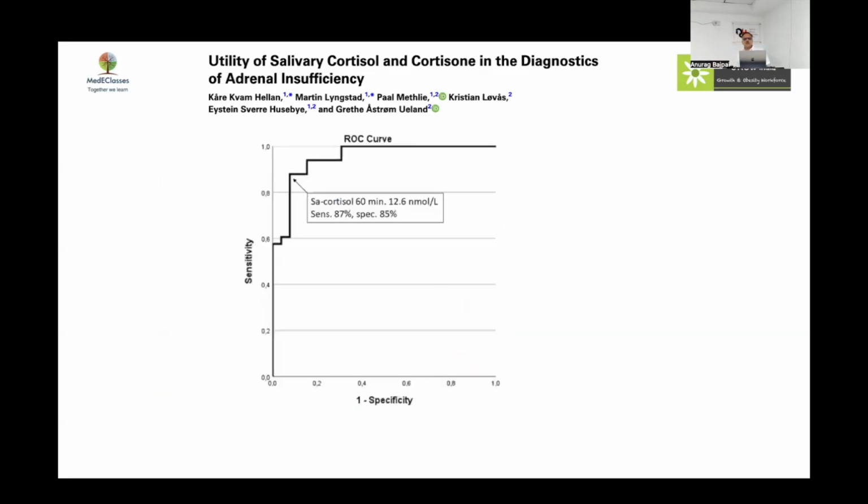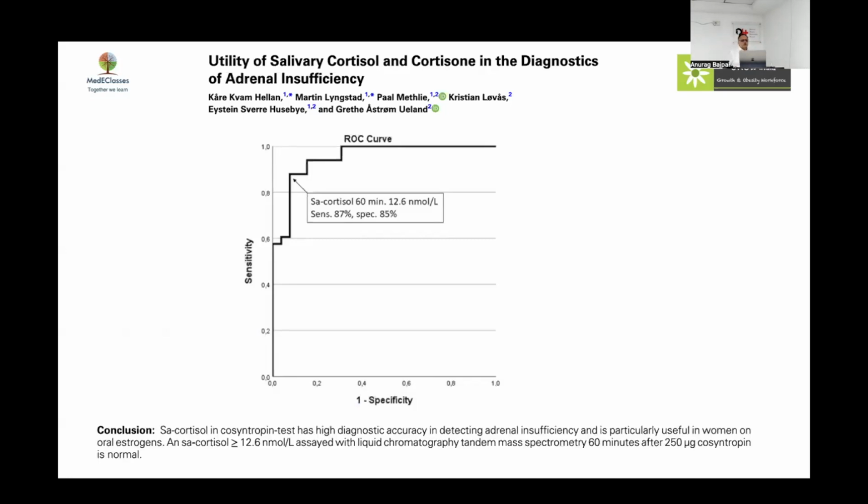And this is something which they wanted to do. So when they did a synacthen stimulated salivary cortisol, they found that it was a reasonable tool with 87% sensitivity and 85% specificity. So this is a tool which can be considered in somebody who has a problem in terms of cortisol binding. So we can now think of salivary cortisol not only for cortisol excess, but also for cortisol deficiency in that perspective.